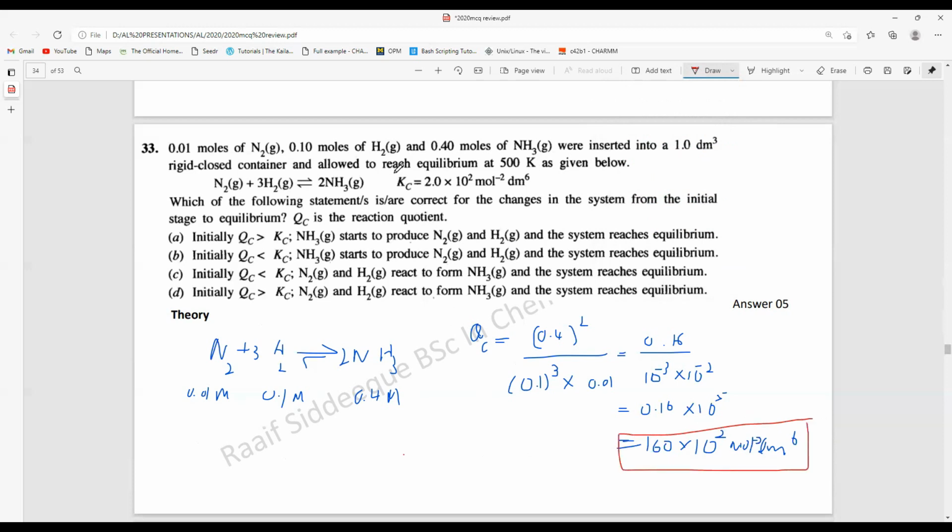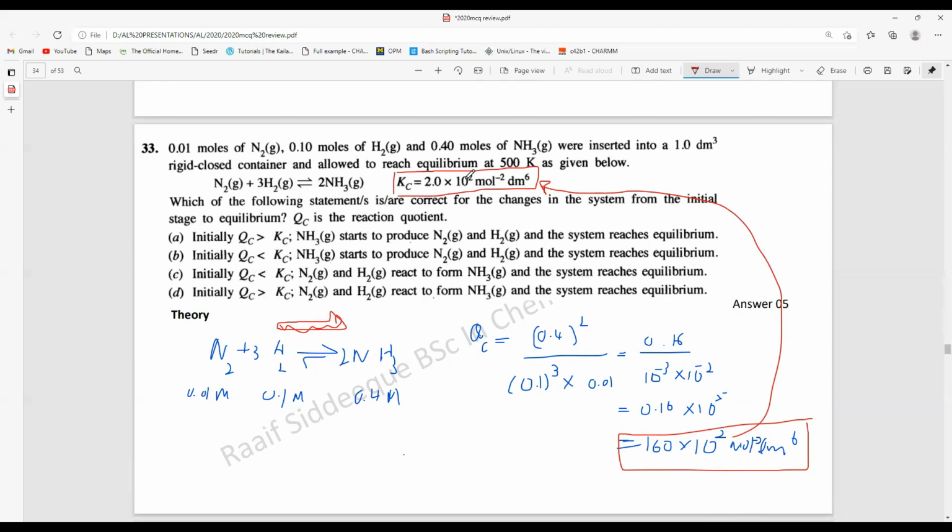Now after equilibrium, the value is 2 into 10 to the power 2. So you see there should be a drop from 160 to 2, which means initially the equilibrium is shifted towards the ammonia side. Why? Because the QC value is very large here, 160, as we get the product of this divided by the product of this.